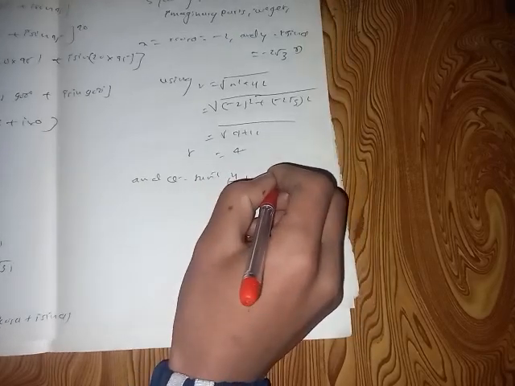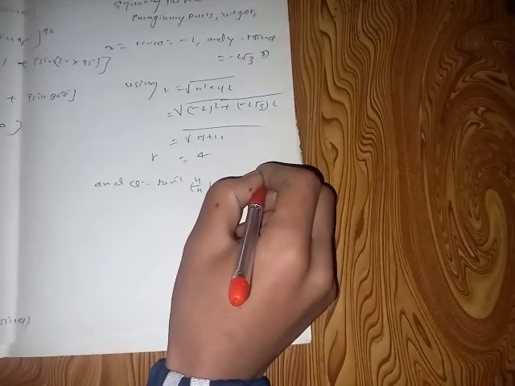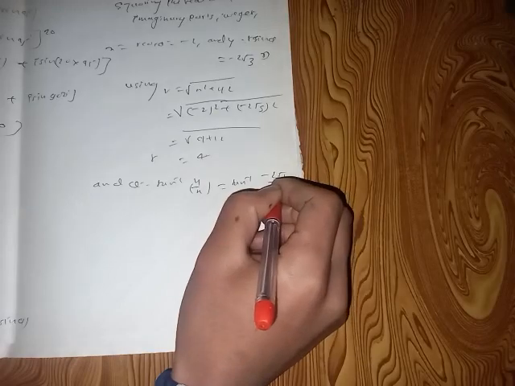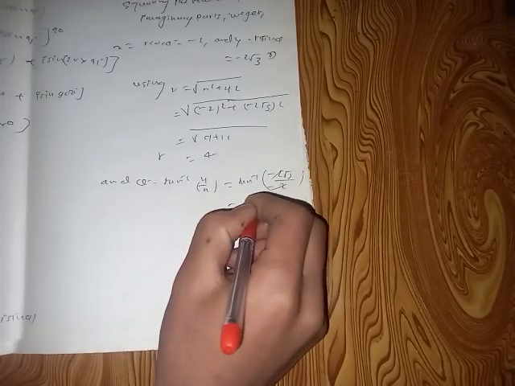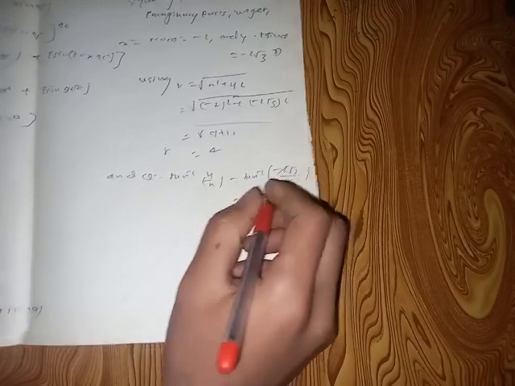The value of tan inverse of y is minus 2 root 3 upon 2, so minus 2 cancels, and we get tan inverse of root 3.